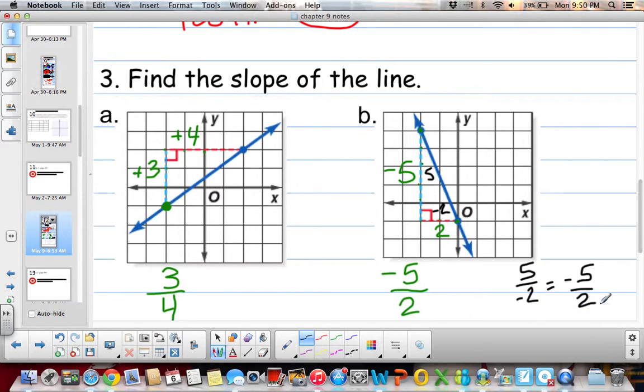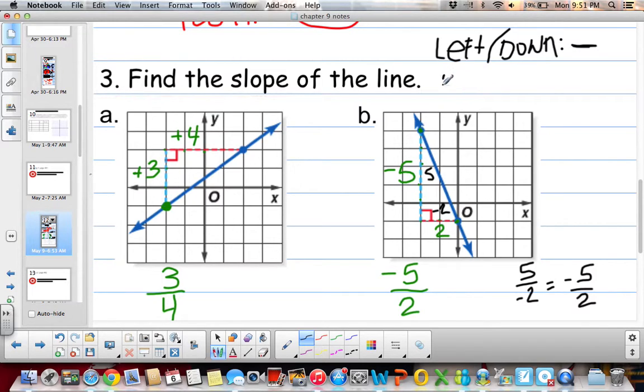So it doesn't matter which point you start at to count, as long as you know that if you're going to the left or down, it is negative.